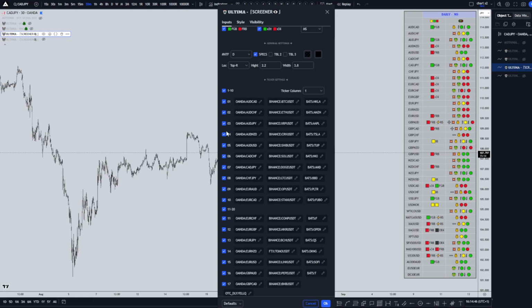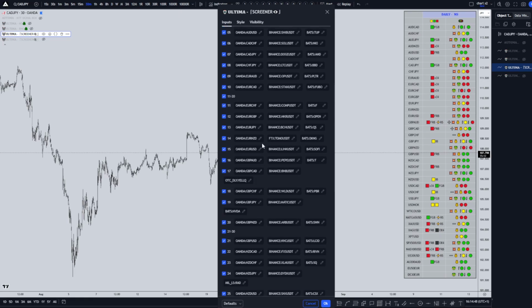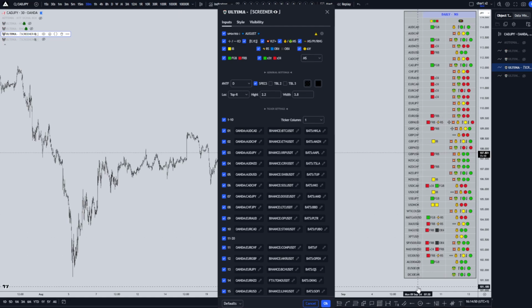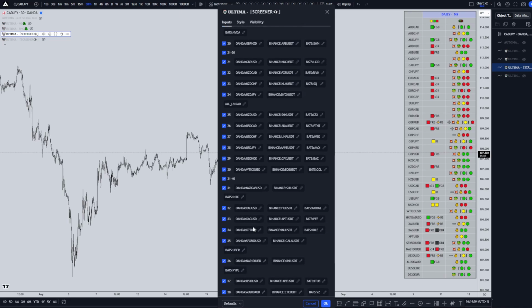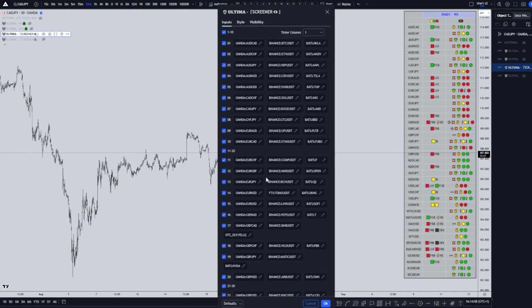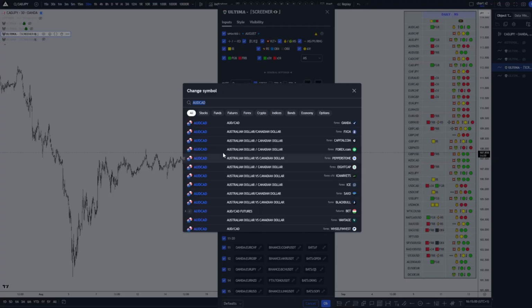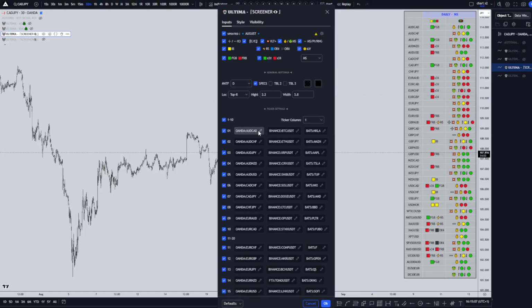Like I said, we enabled 40 tickers, so basically you can screen 40 markets. The first column is by default all forex and some indices and stuff like that. So whenever you click on this, you can change whichever market you want. You just type whatever you want, and it will basically save. You press OK, and it will save whichever asset you change here.